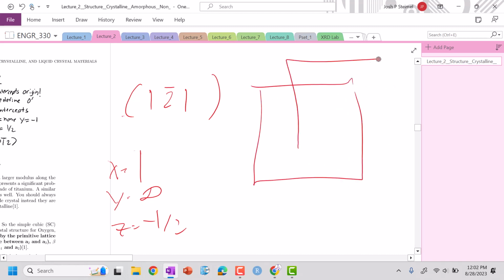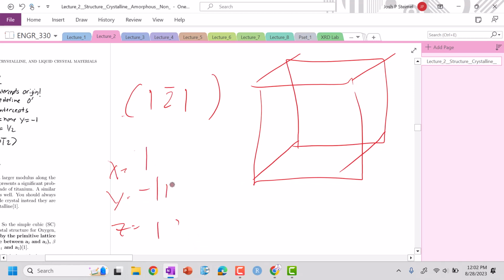Remember, once I see that negative, I need to think about where I can move the origin. I know that I'm going to have 1, 1 intercepts, and -1/2. So basically, I need to move this over here, right? Because I need to go left. So this will be my new x, this will be my new y, this will be my new z. So if I do this, intercept here 1, 1, and then -1/2 would be here. So I would just do this. There you go.